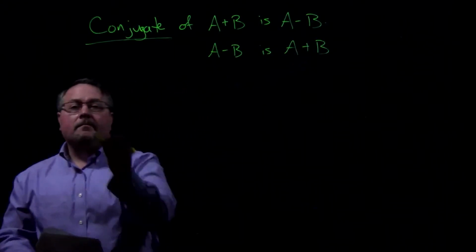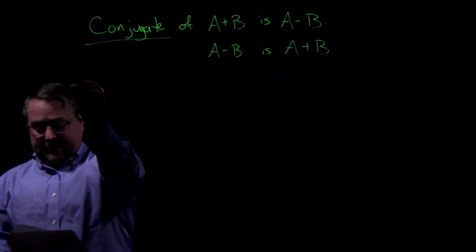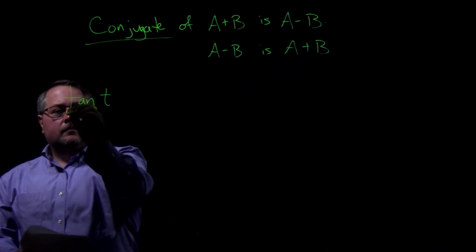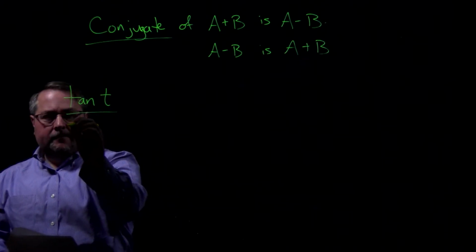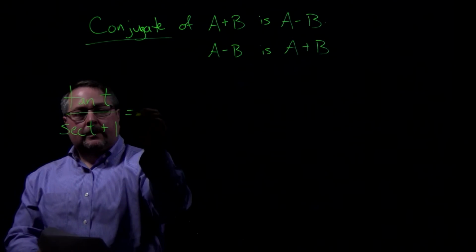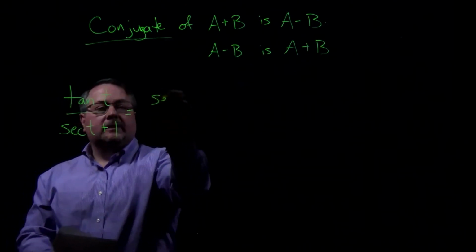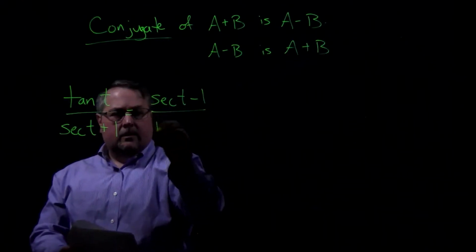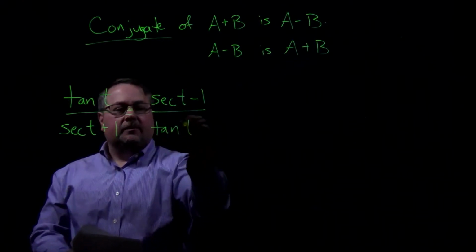Okay, so for example, if we wanted to simplify the expression tangent of t over secant of t plus 1, and we wanted to show this equals secant of t minus 1 over tangent of t.